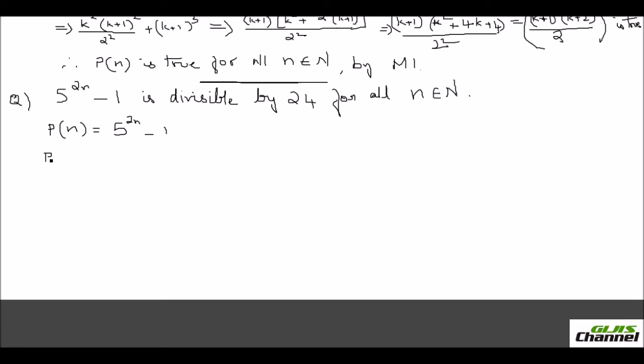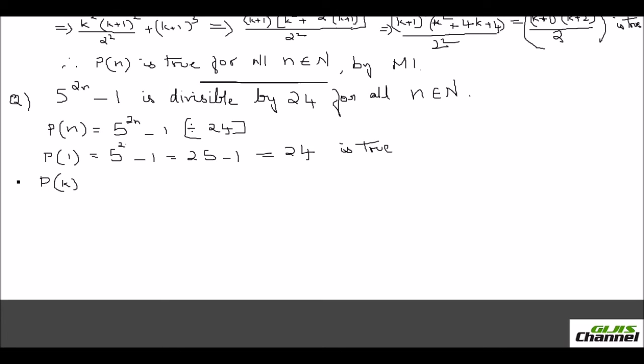So what will P(1) be? P(1) is 5 raised to 2 times 1, which is 2, minus 1, which is 25 minus 1, which is 24. Definitely divisible by 24, right? So it is true.